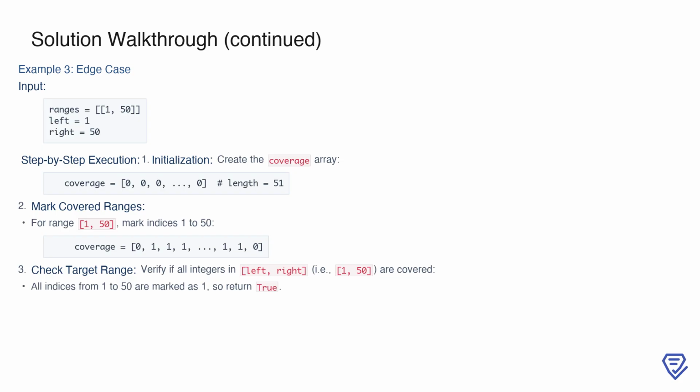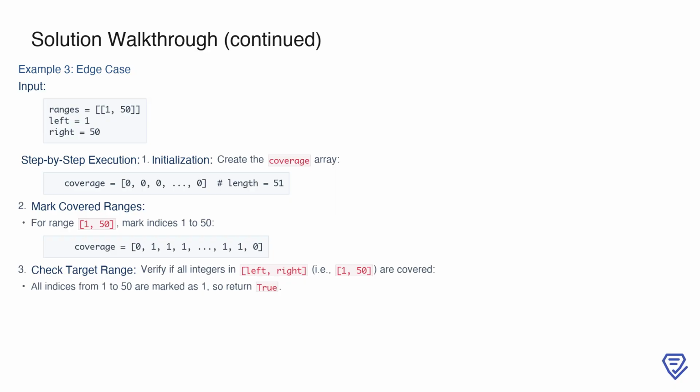In this edge case, we begin by initializing the coverage array with zeros. The given range, 1, 50, covers all numbers from 1 to 50, so we update the coverage array by marking indices 1 through 50 as covered. Now, we need to verify whether all numbers in the target range, 1, 50, are covered. Since all indices from 1 to 50 in the coverage array are marked as 1, this means every number in the range is covered.